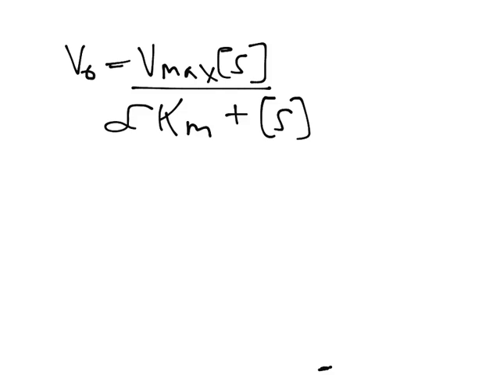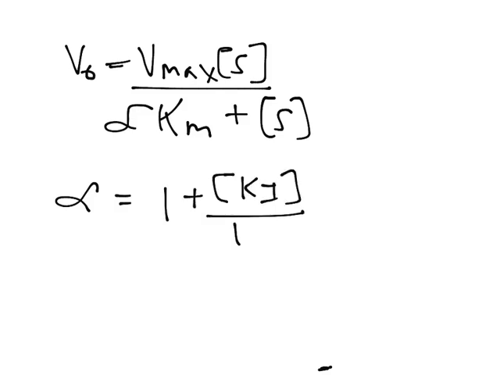Alpha is the factor that, in the presence of inhibitor, has changed the value of the Km. Alpha is equal to 1 plus the concentration of inhibitor over the Ki value. So you can calculate alpha and Ki and see how good your inhibitor is.